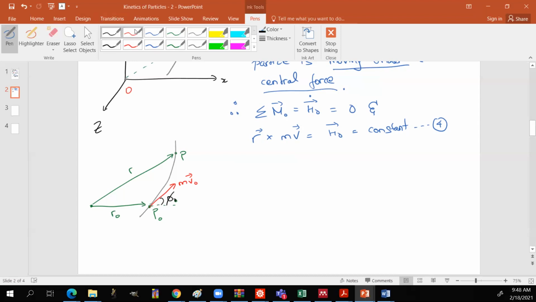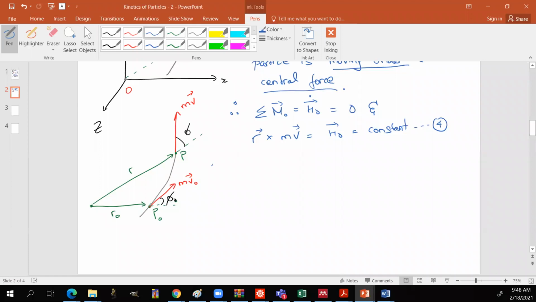Phi naught like that, right? And then you'll have another angle tangent to that part. So MV has changed. And now at this random location, the angle is equal to phi, right? So you can straight away say that when you're just looking, the angular momentum is constant, so the magnitude will also be constant, right?